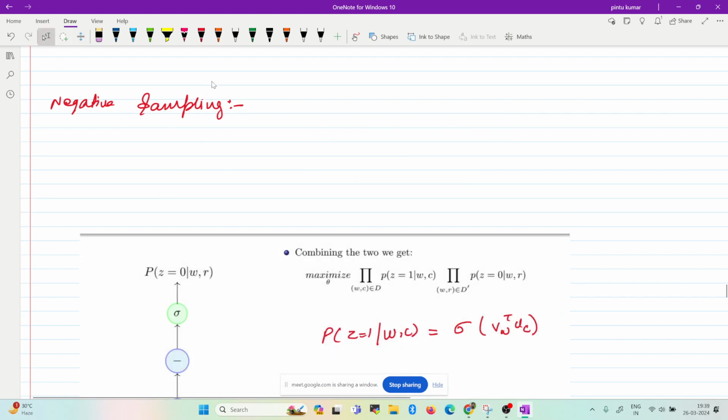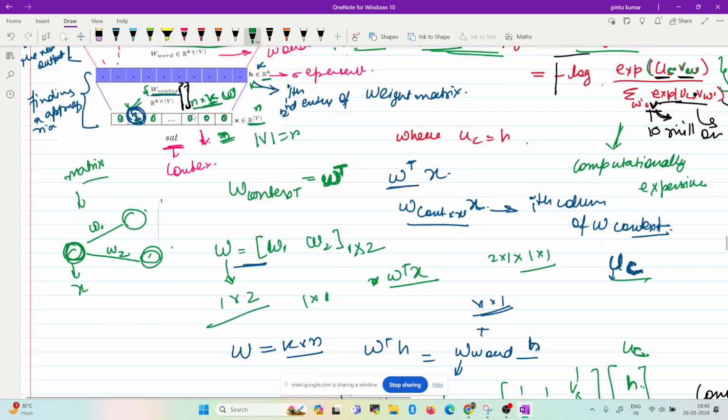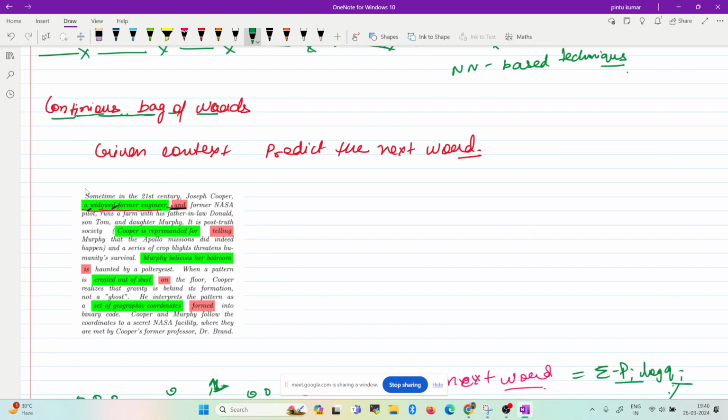Let's say you have some dictionary of words, some corpus of words. There would be some pairs that occur together. For example, in the paragraph written over here, you make a pair like sometimes, in.